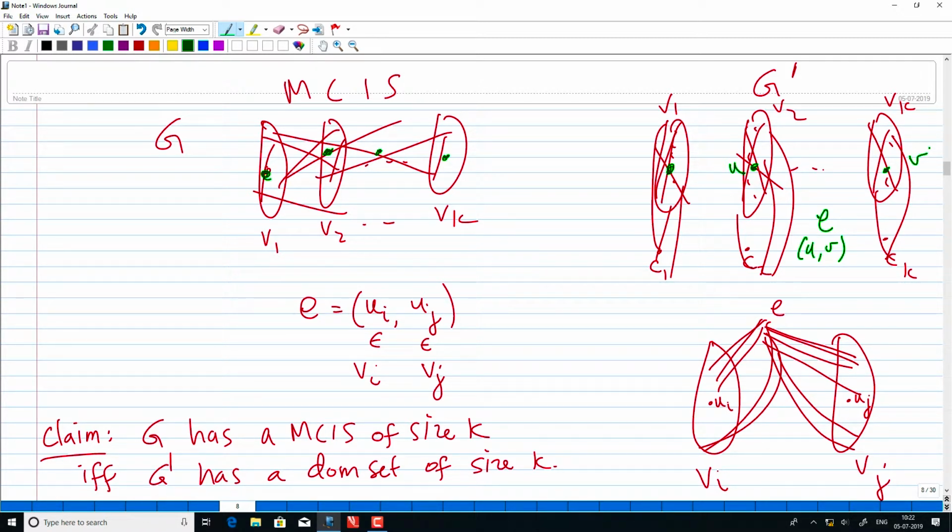What is the converse direction? The converse direction is that suppose there is a dominating set of size k for G prime. I don't know how it will be. So you can't say it will be from each color class or something. Right? This is important in the proof. Somebody has given you an arbitrary dominating set and I am trying to construct an independent set.